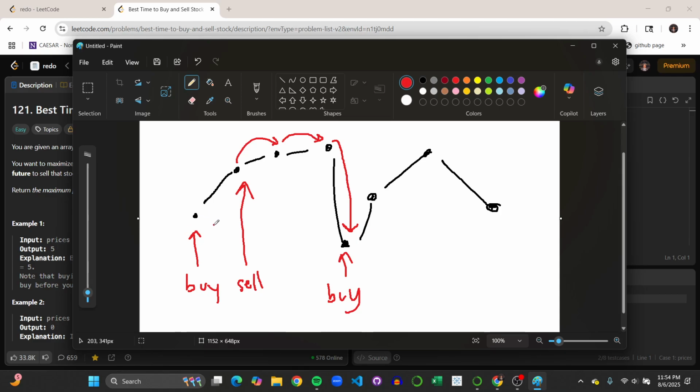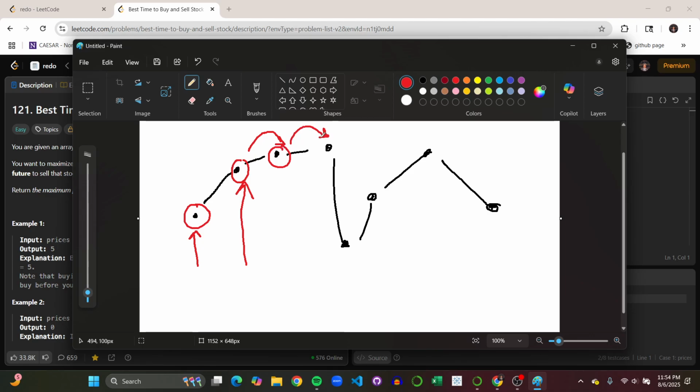So in this case, you're calculating the profit of sell minus buy, with this as the original buy date and this as the first sell date, and the next day is the next sell date. You're just calculating sell minus buy over and over while you're iterating sell by 1 through the array, right?